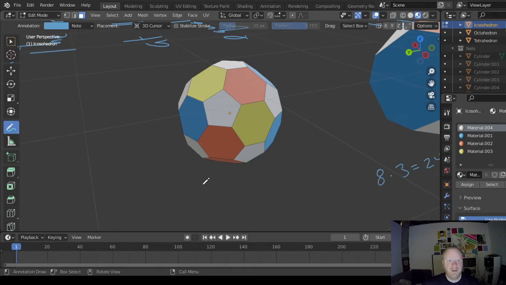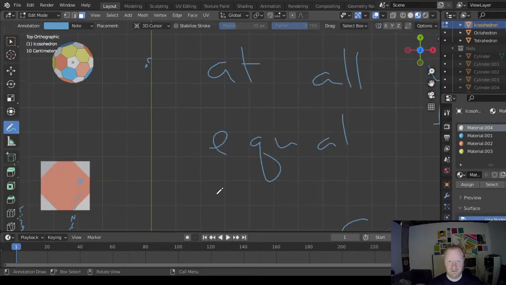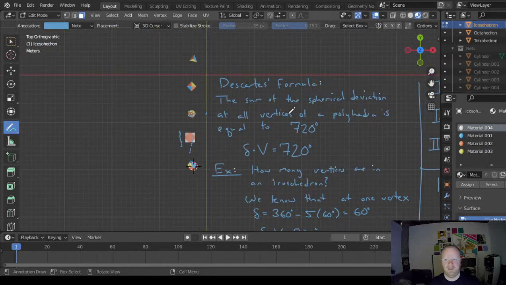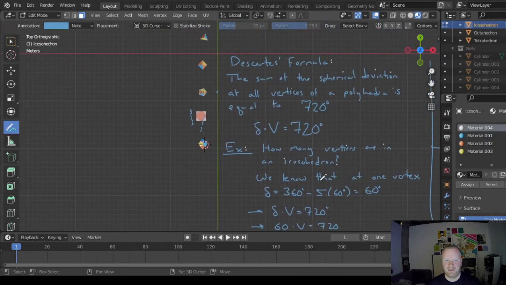But we know from the last time that the icosahedron, I kind of forget how many vertices, we figured out that it was 12.